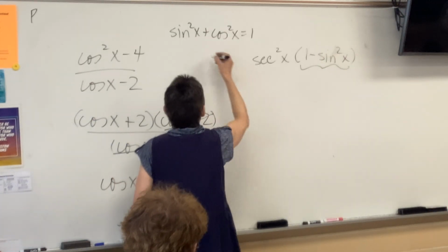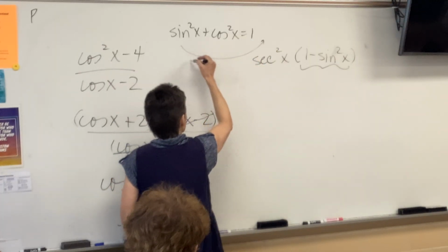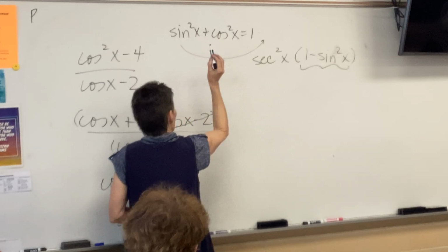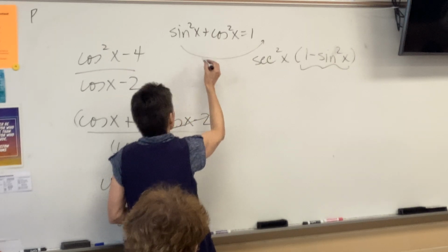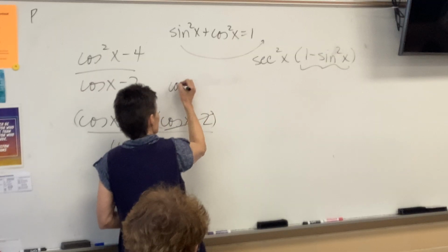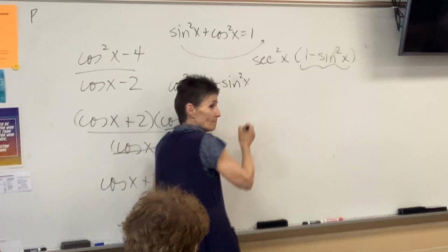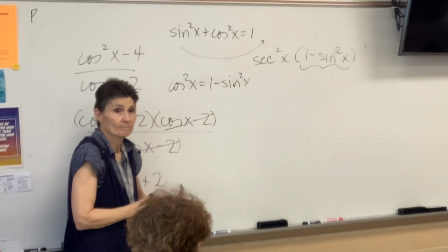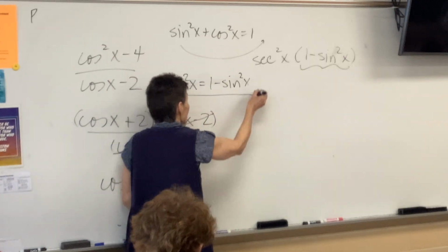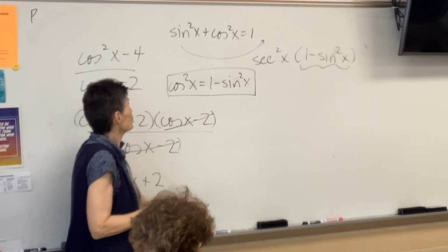If I move this over to the other side, what will that equation say? Cosine squared equals 1 minus sine squared? Write that down on your paper if you haven't already. It's fine. It's another version of that.